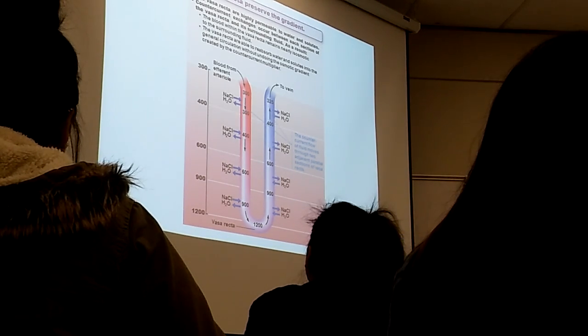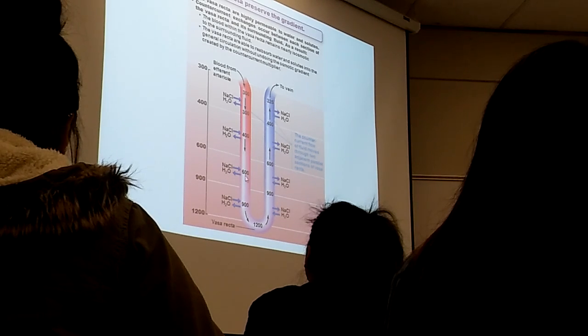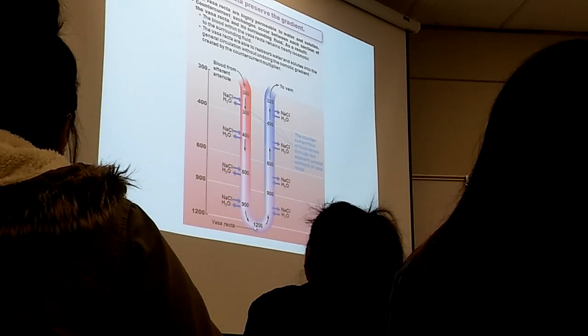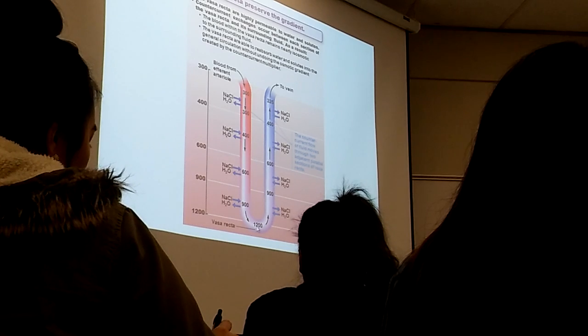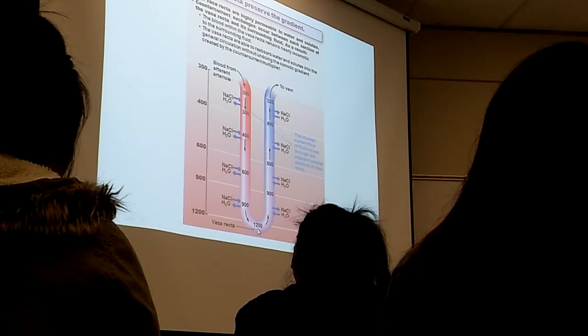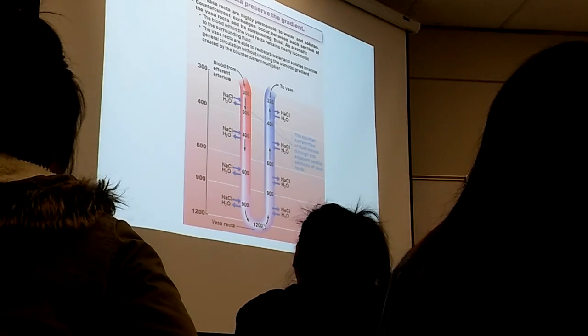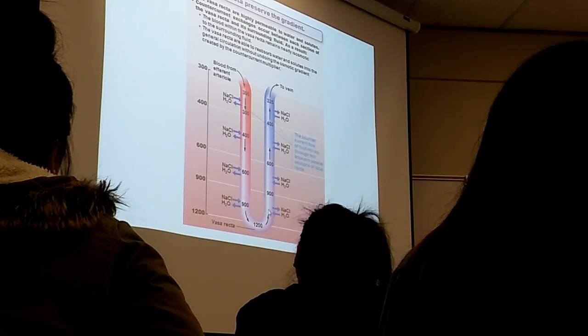So as the blood moves down the descending vasa recta, we continue to have that until we get down to here. Note that the osmolality of the blood in the vasa recta is equal to the osmolality in the interstitium. Then as the blood goes up the ascending vasa recta, now we have the opposite.